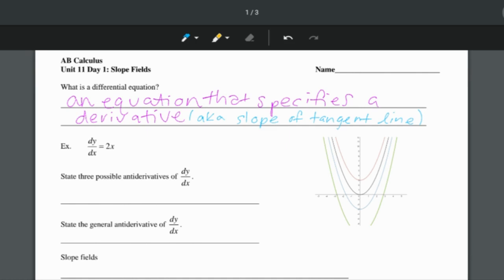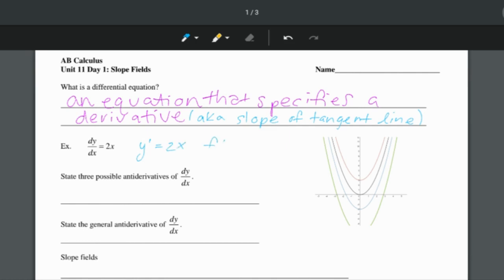All right, so let's look at the example dy/dx equals 2x. This is an example of a differential equation, right? dy/dx is a derivative. So we're saying the derivative is 2x. It could also be written, as sometimes they say, y prime equals 2x.